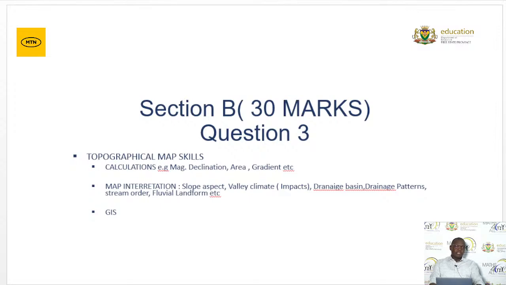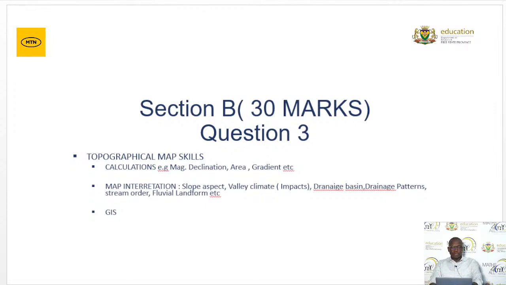In terms of map interpretation, for example, grade 12 map interpretation is based only on the content in paper 1. For example, we're talking about climate and weather and geomorphology. So in terms of map interpretation, we'll be only focusing on that, nothing else. So slope aspect is possible for you.